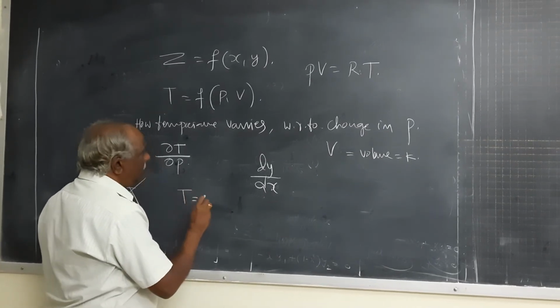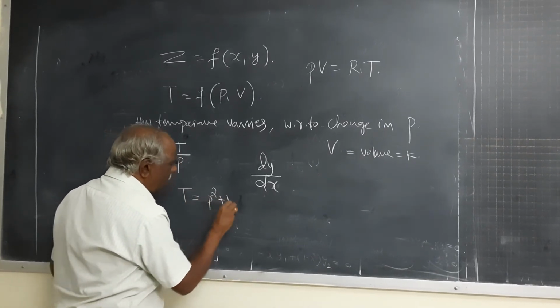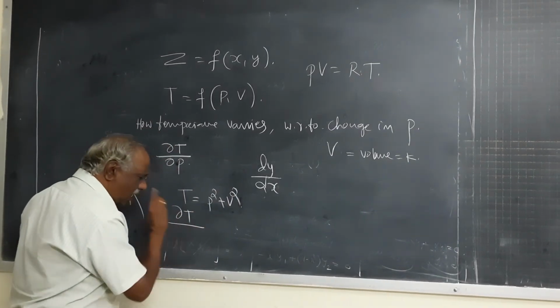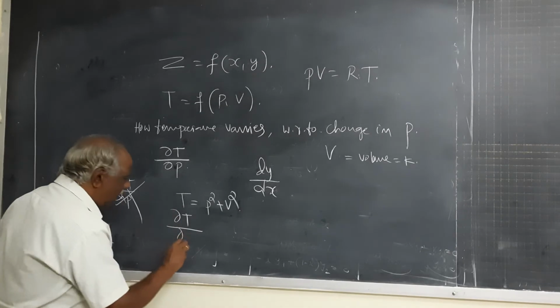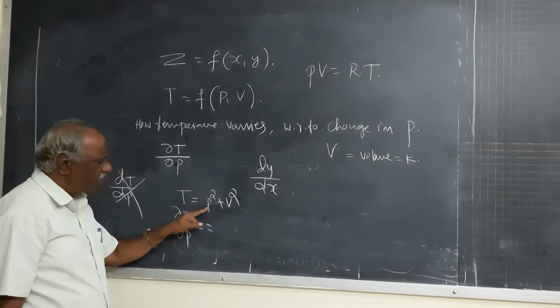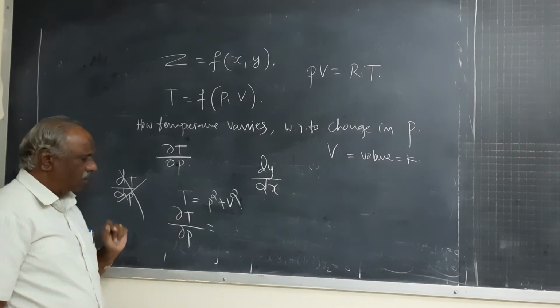For the time being, dou T by dou P simply means you are differentiating T with respect to P, keeping V as constant.